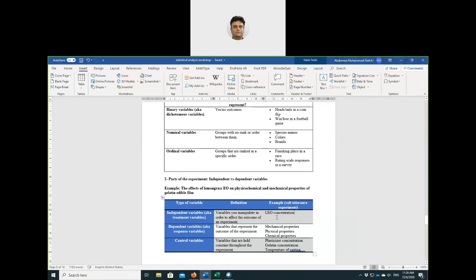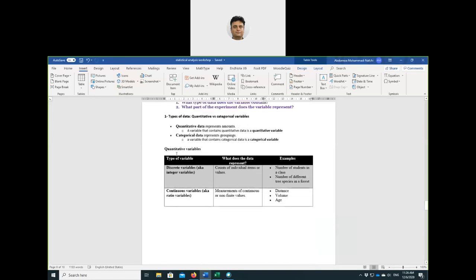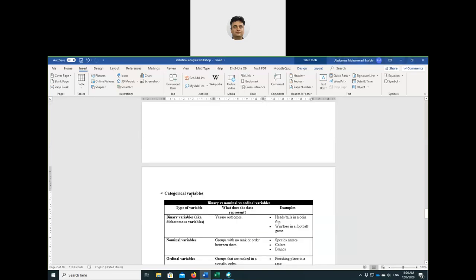Here the type of variable we change manually from the concentration is quantitative, but when we use 1%, 2%, 3%, just a special amount, we manually change the type of the variable from quantitative to categorical, and it's nominal.